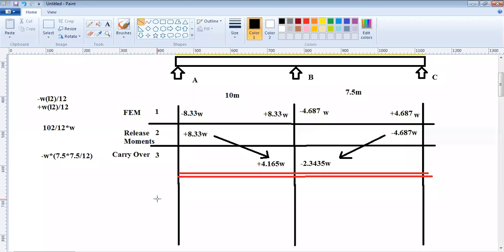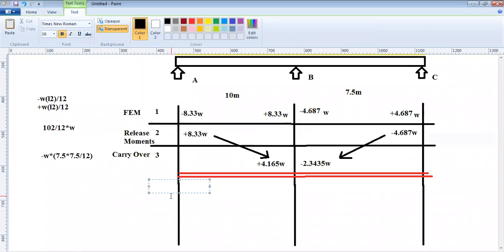This is step number 4, the addition of all moments.